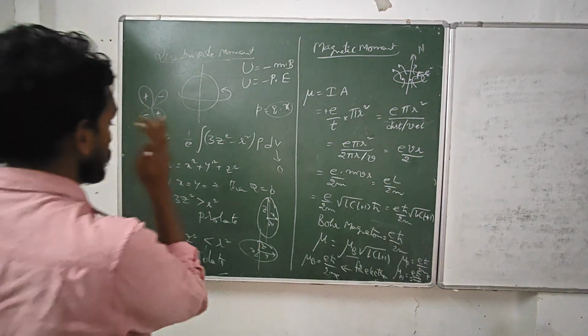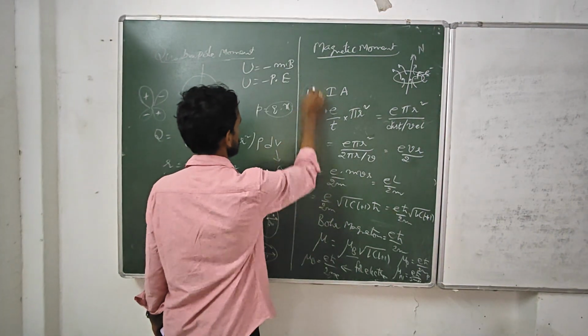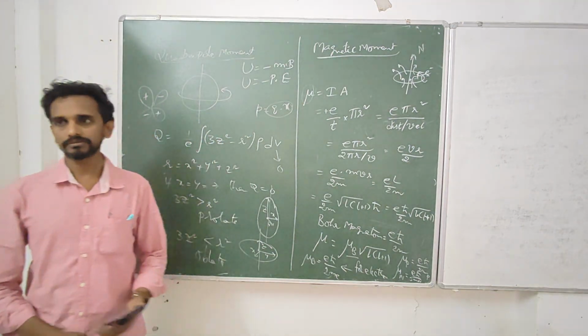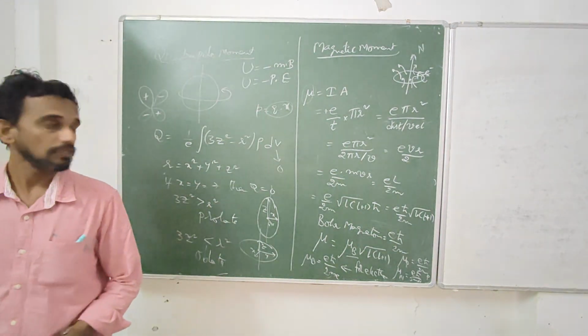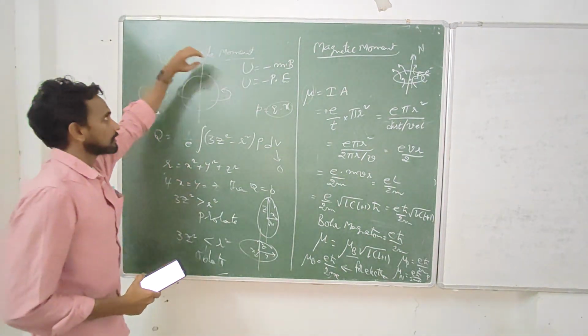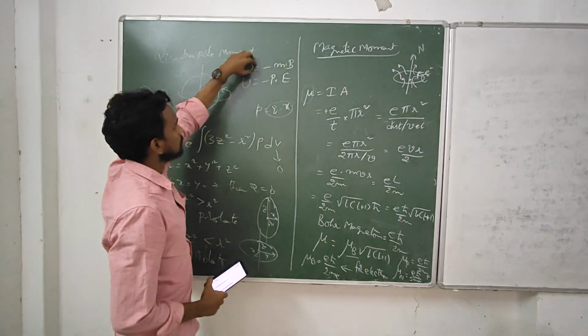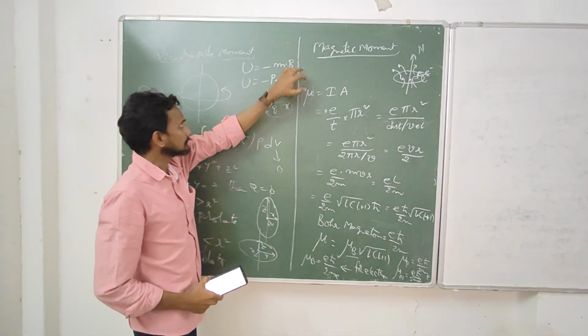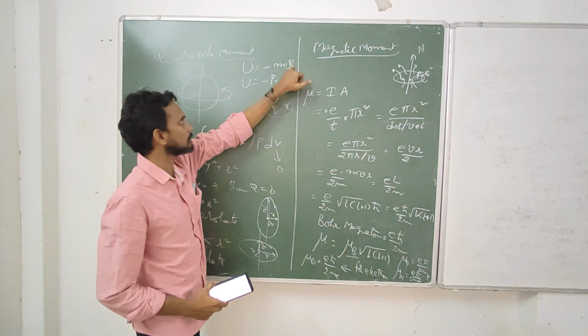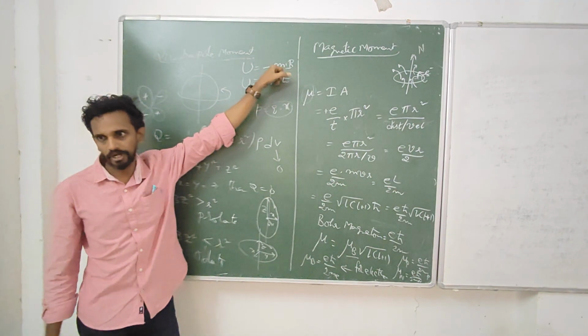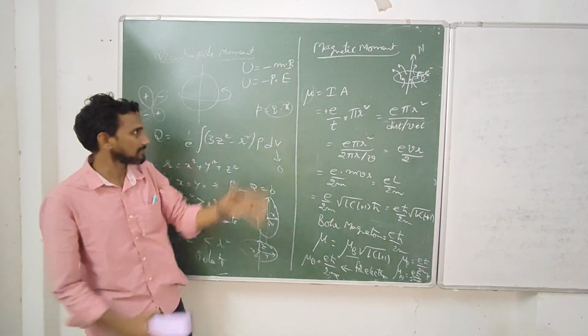So what does this dipole moment deal with? You have an equation for energy related to the magnetic field. It is magnetic field strength multiplied by magnetic dipole moment, the same mu.